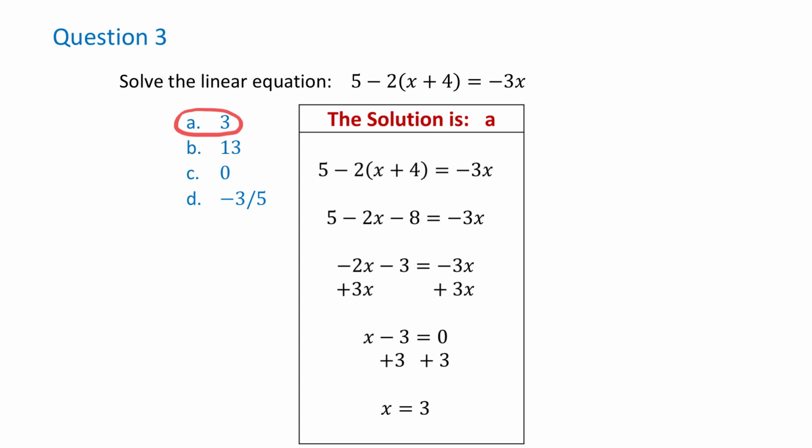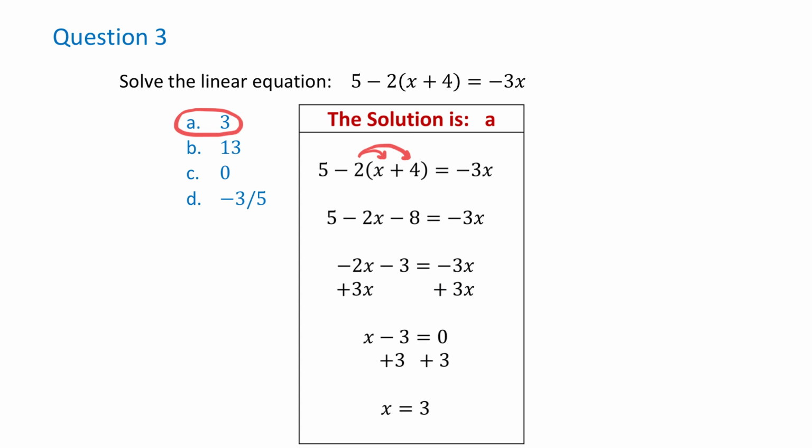To solve this equation, first we need to remove the parentheses by using the distributive property. So we bring 5 down, and then negative 2 times x is negative 2x, and negative 2 times 4 is negative 8. Also, on the left side, 5 minus 8 equals negative 3, so now we have negative 2x minus 3 equals negative 3x.